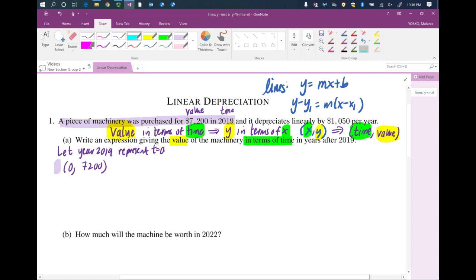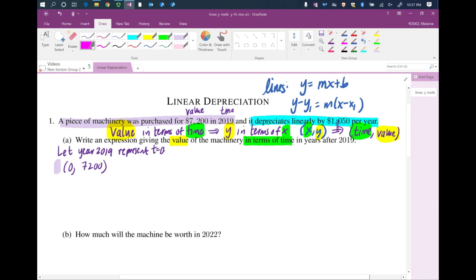Let's look at the next piece. This machine depreciates linearly by $1,050 per year. Depreciates linearly. So linear means line. That part's easy. We've done that already. Depreciates means it loses value, right? Let's read this again. Depreciates linearly, or loses value at a linear rate, is what this is telling us, right?